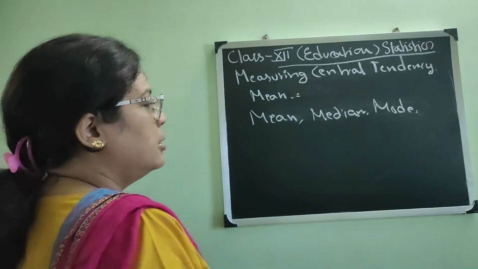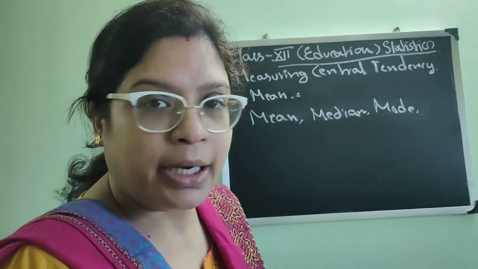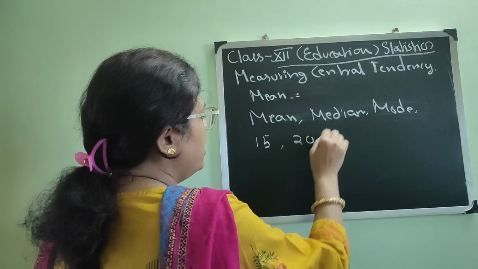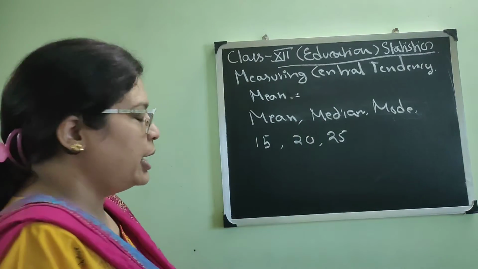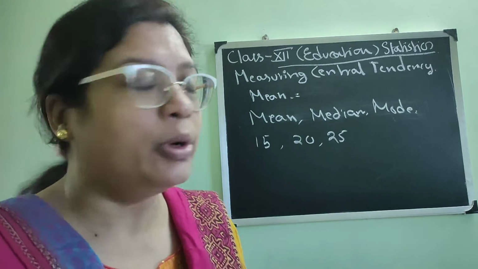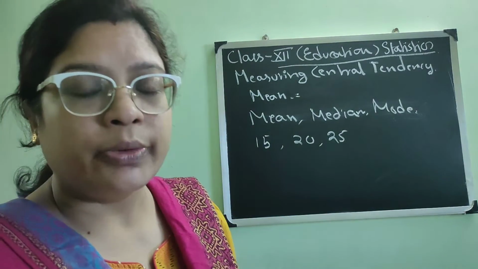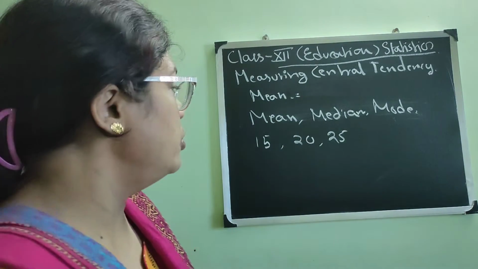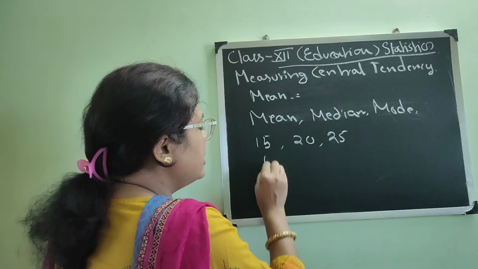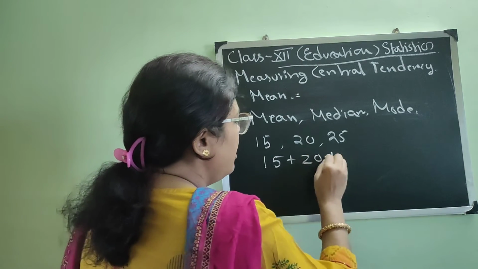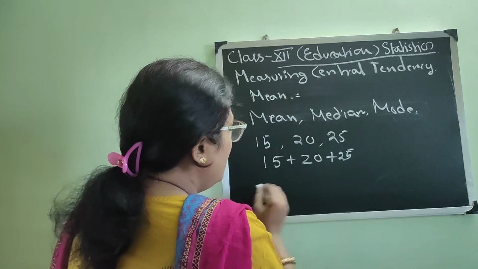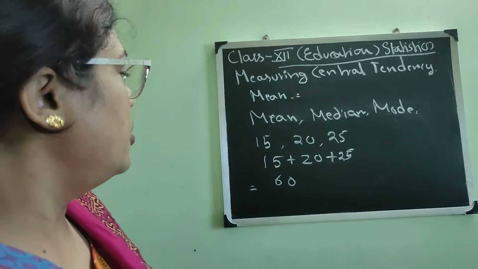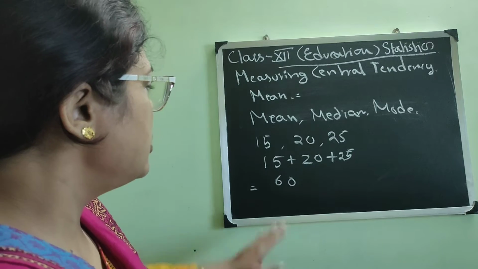Now suppose there are three books of the same category. One is 15 rupees, another is 20 rupees, and another is 25 rupees. If we need to find the mean of the price of these three books, what we are going to do is add them together: 15 plus 20 plus 25, that is 60 rupees.